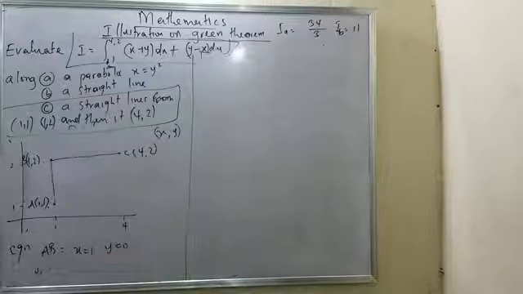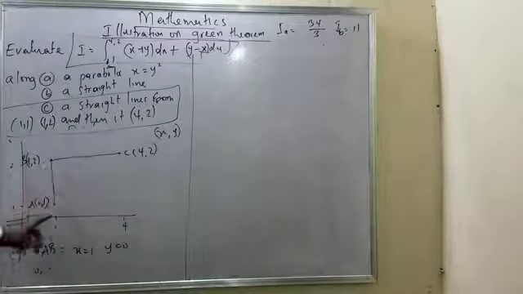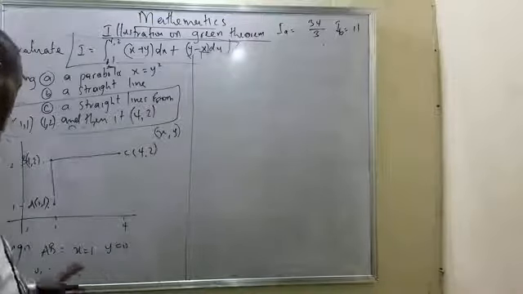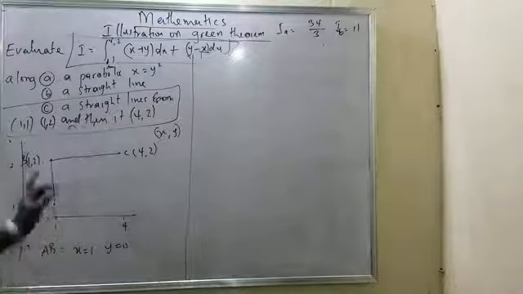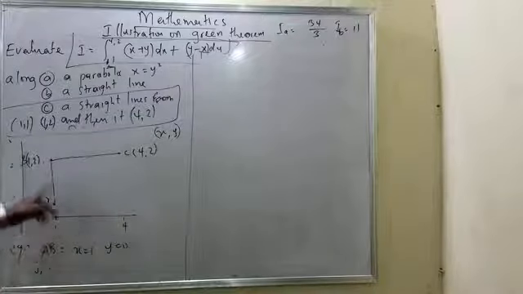Why is my Y equal to 0? Because looking at AB, there is nothing changed in Y. Y remains at a point. My X becomes 1, and my Y remains on that axis, which is 0.